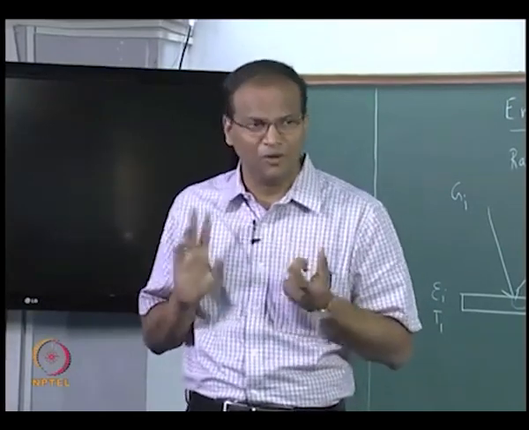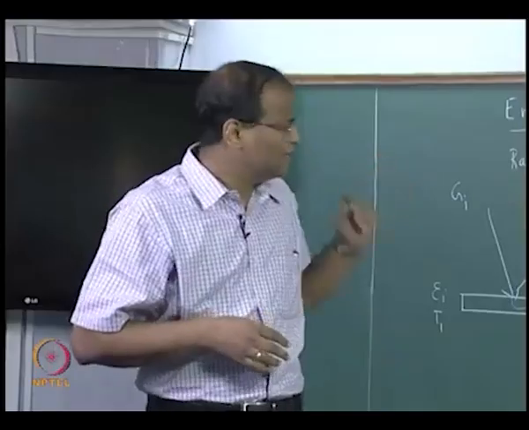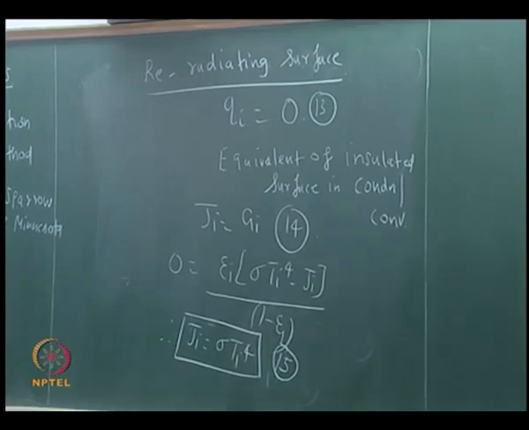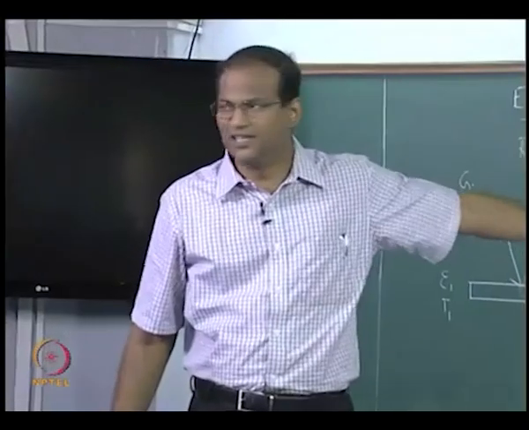So it will come to some equilibrium temperature. This sigma Ti to the power of 4 is also equal to Gi. So whose temperature? The re-radiating surface temperature is decided by his neighbors or by his friends. The other surfaces of the enclosure will decide his temperature.